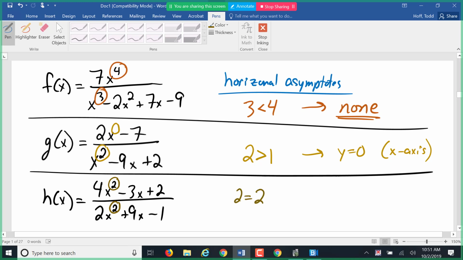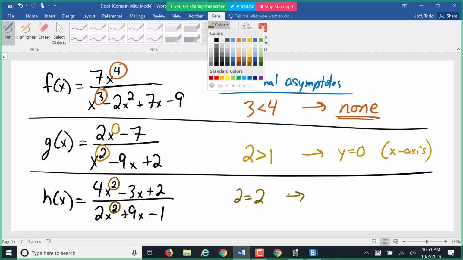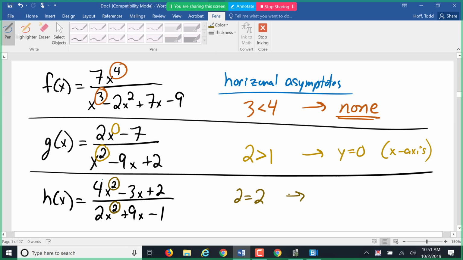Since 2 equals 2, we have to look back at our A and B values. A is 4 and B is 2. So our asymptote is y equals 4 over 2, or y equals 2.